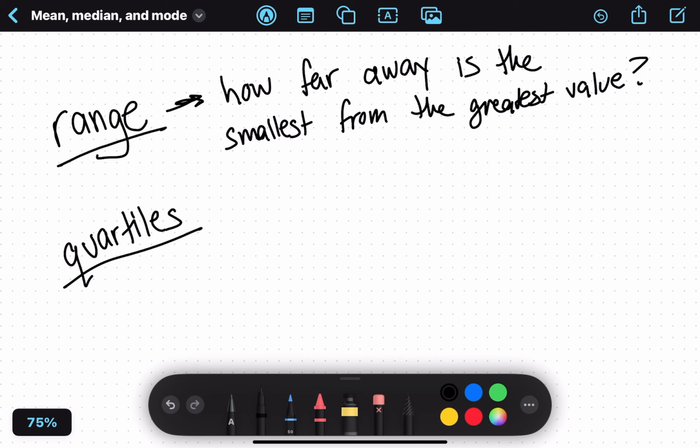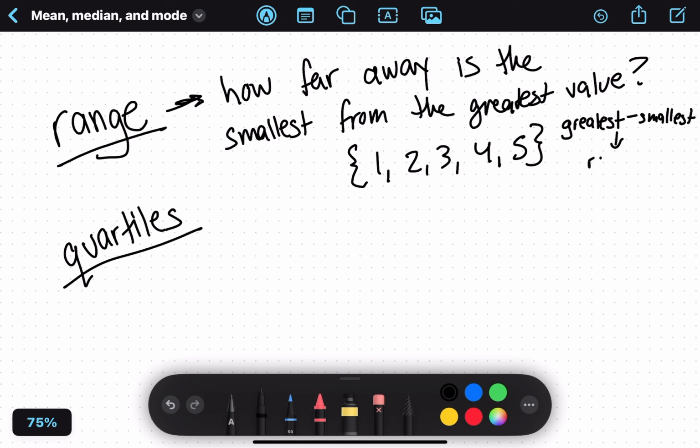So once again, let's do our set 1, 2, 3, 4, 5. If we want to find our range, we take the greatest value and we subtract the smallest value from it. That's our range. So our range here would be 5 minus 1 equals 4. So our range here is 4. The set of data spans over 4 units.